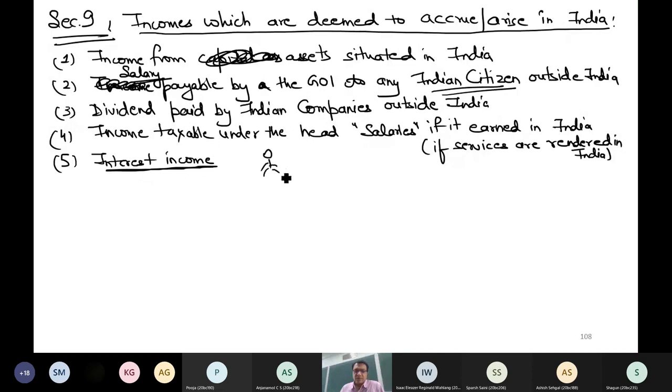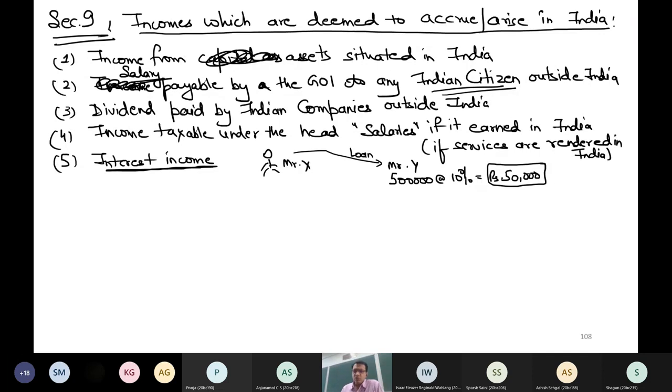Suppose I am Mr. X. I have given a loan to Mr. Y and the loan amount is 5 lakh, on which 10% is the interest rate. So can you tell me how much I am earning every year? 50,000.